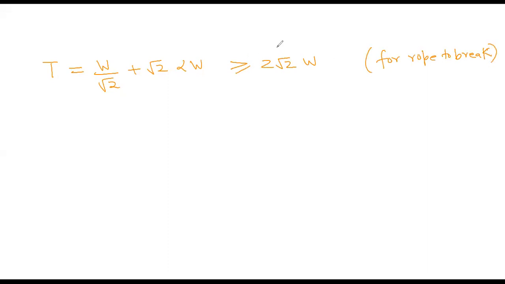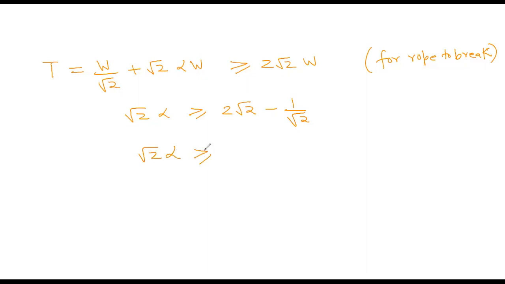Therefore, we will get root 2 alpha W. Now W will get cancelled. Root 2 alpha is greater than or equal to 2 root 2 minus 1 by root 2.